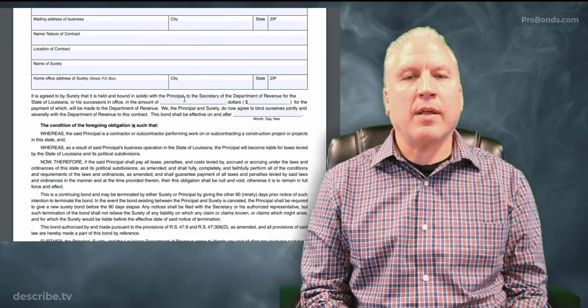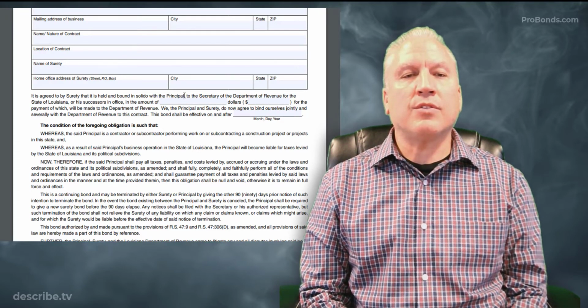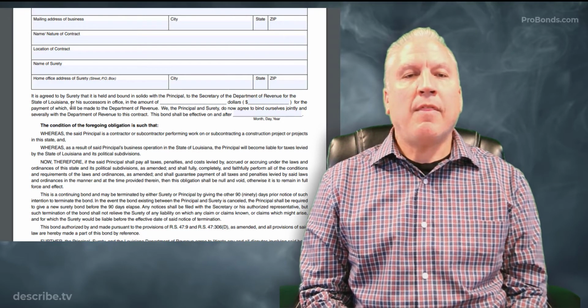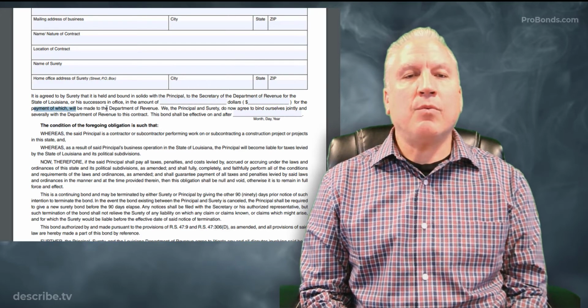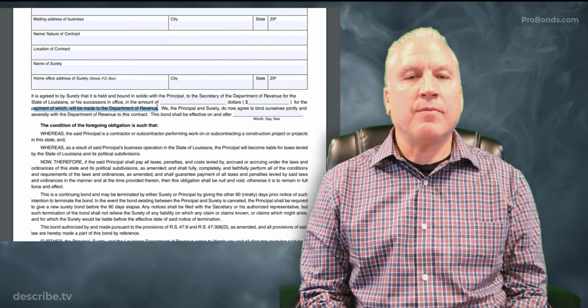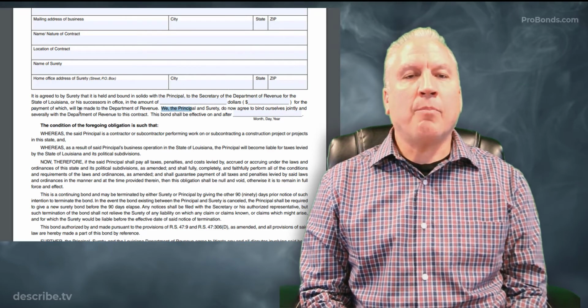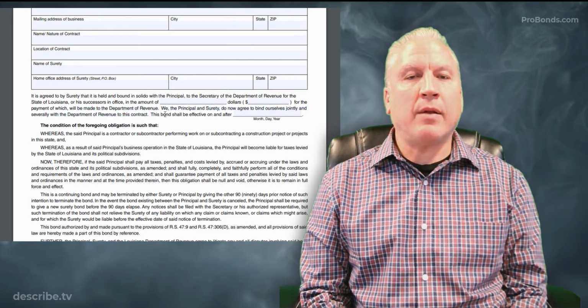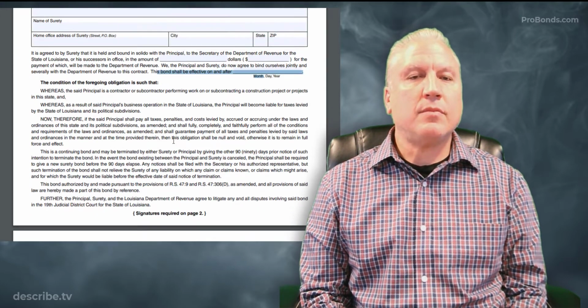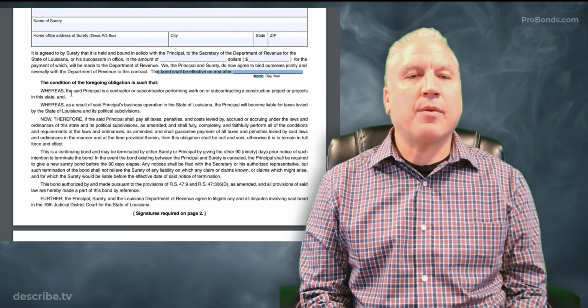You can't separate it. And you're guaranteeing to the Secretary of State that payment will be made to the Department of Revenue. We, the principal and surety, are bound by this contract. The bond is effective after this date. The condition is that the principal is a contractor performing work.